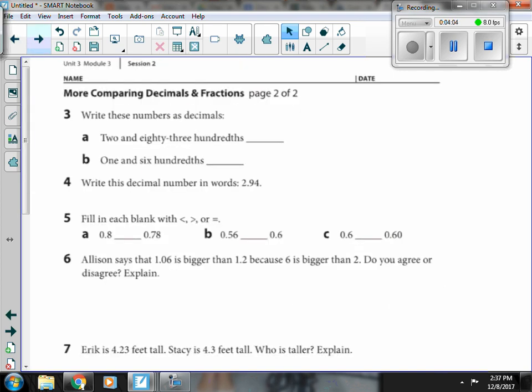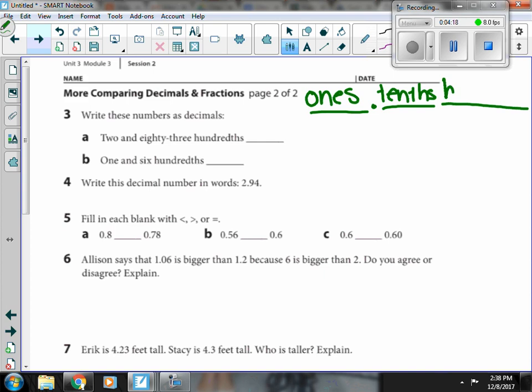On the back, I'm going to put over here that place value chart that we've been working with. Our ones, our decimal point, our tenths, and our hundredths.